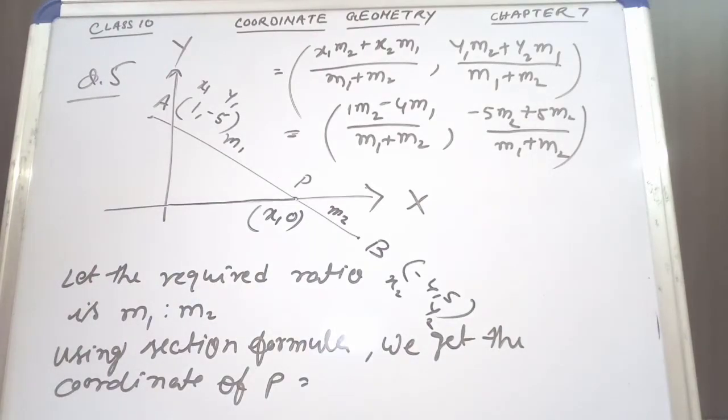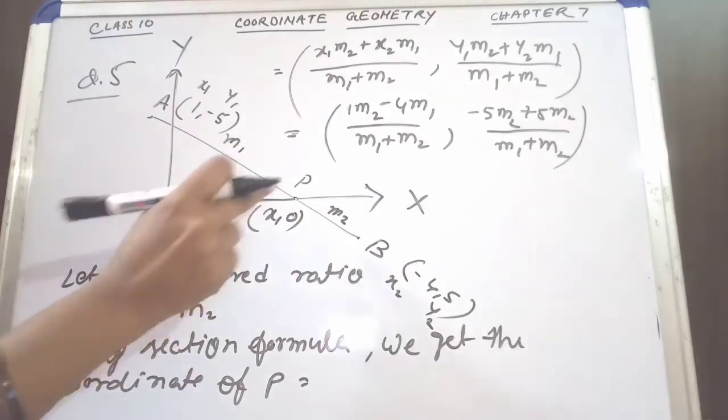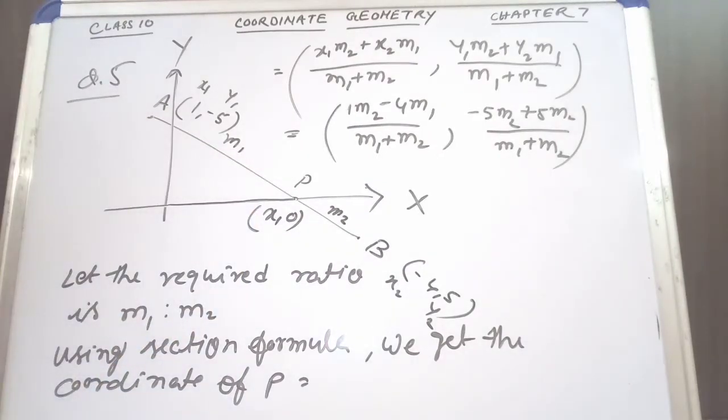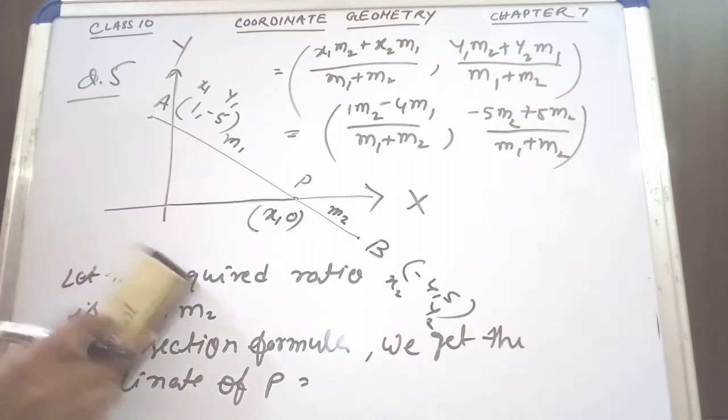So again in this case this is the coordinate of P and also (x, 0) is the coordinate of P.